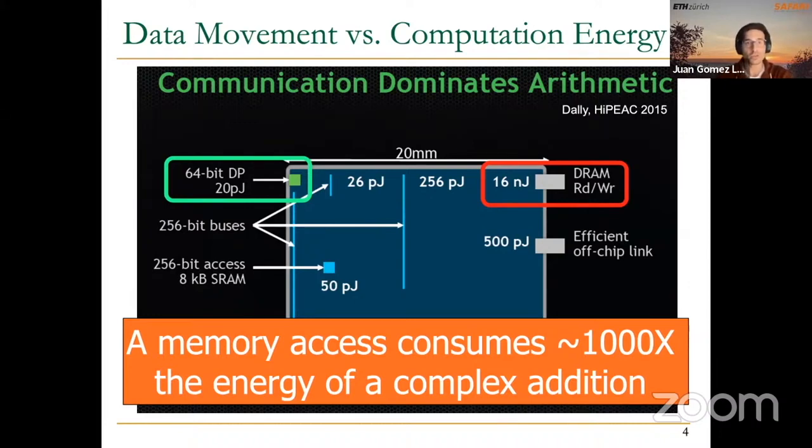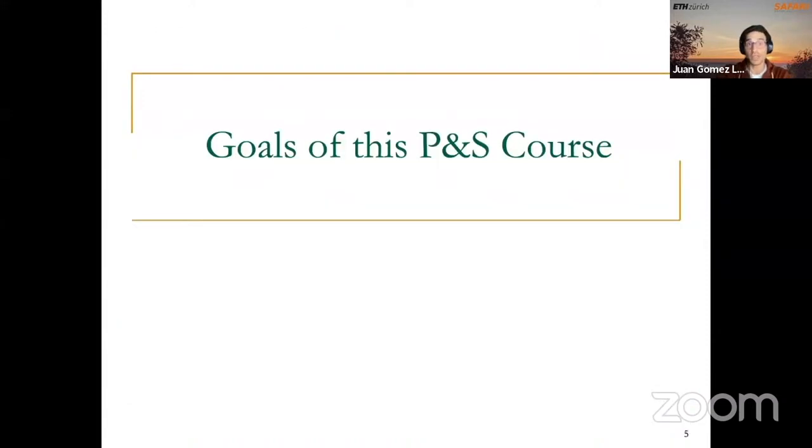We will go back to this slide later, but first of all, let me state what the goals of this PNS course are. As I said before, please feel free to stop me anytime if you have questions about the course logistics that we are going to present today, about the SAFARI research group and our research lines.